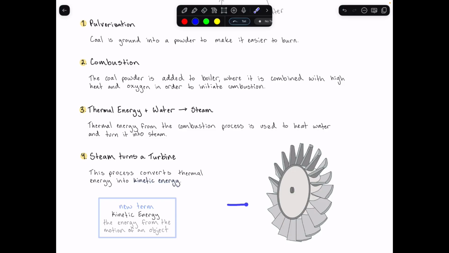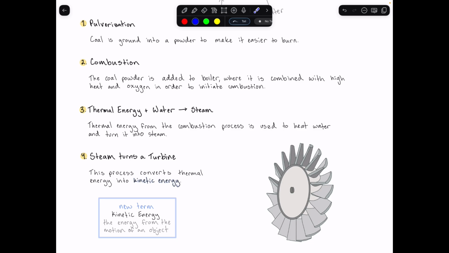You can imagine that with many streams of steam coming towards the steam turbine, pushing down on these blades, it's forcing the turbine to rotate. So what's happening here is that the thermal energy of the steam is being converted into kinetic energy. And kinetic energy is just the energy from the motion of an object.